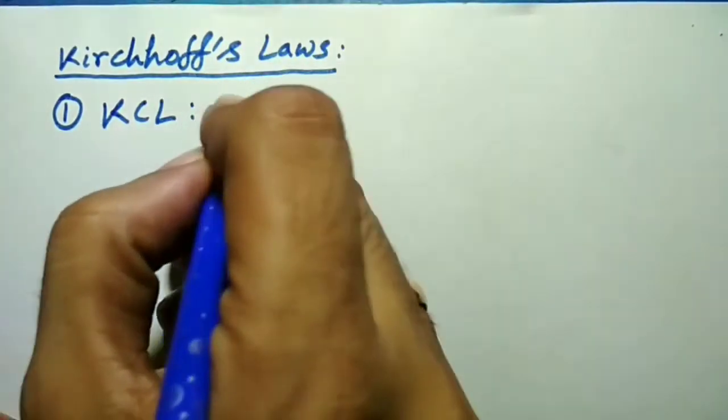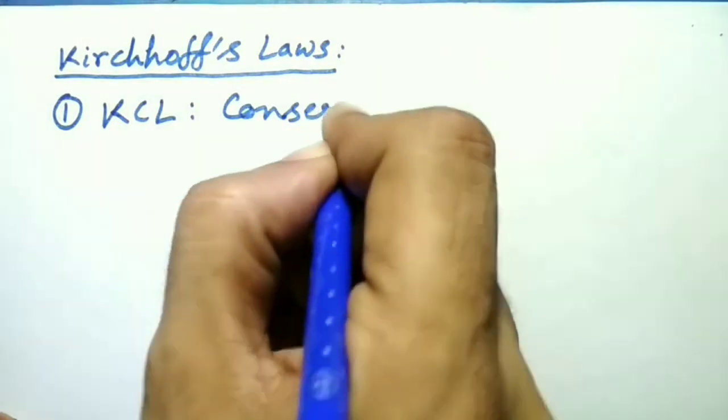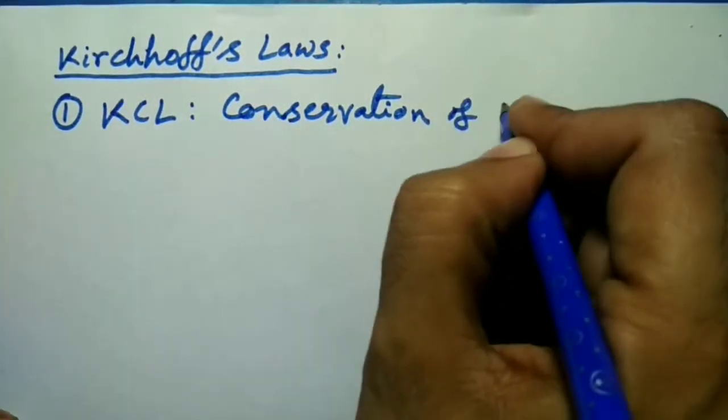So KCL is basically the conservation of charges.